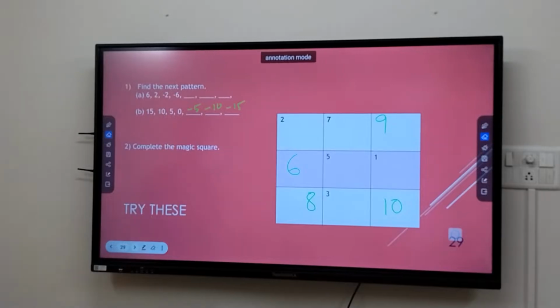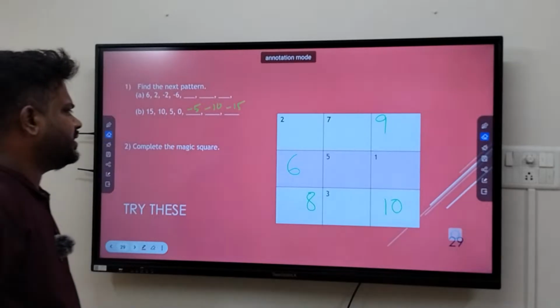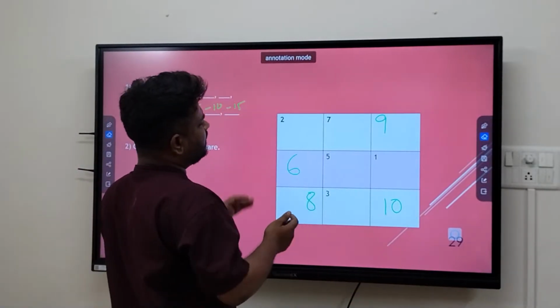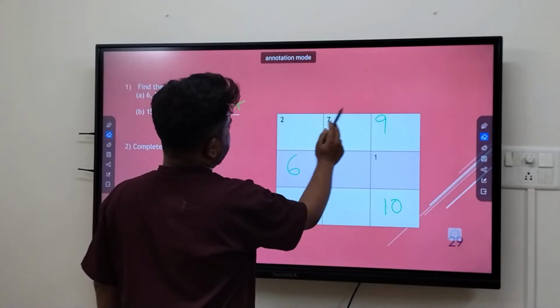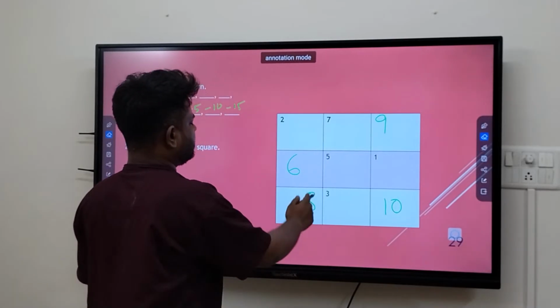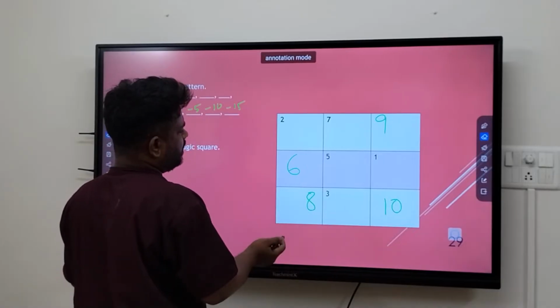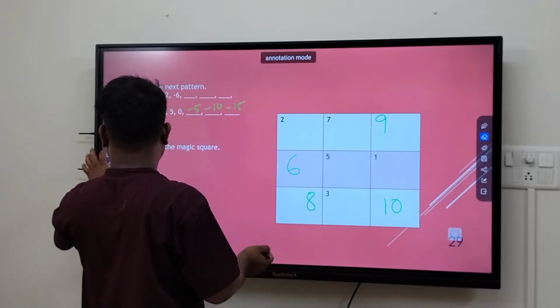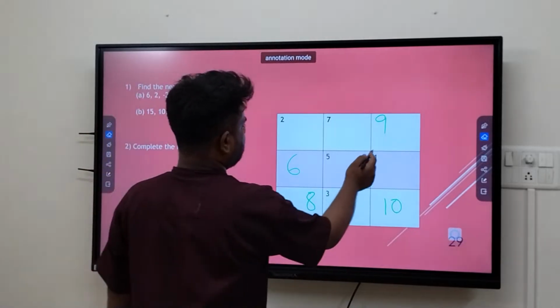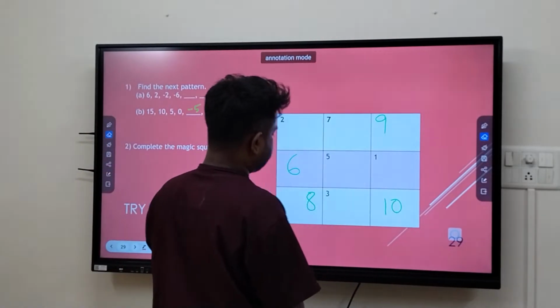Maybe this one is right. These sums can be done like this: adding 2 and 7 gives us 9, 5 and 1 gives us 6, 8, 3 and 9 and 1 gives us 10.